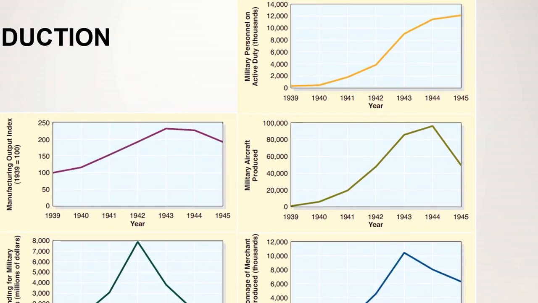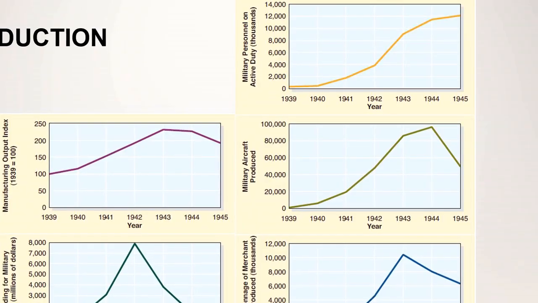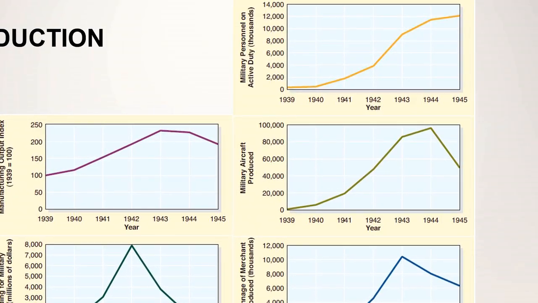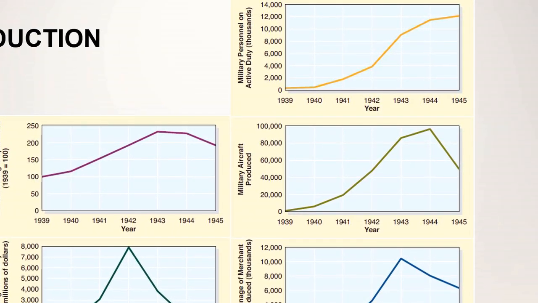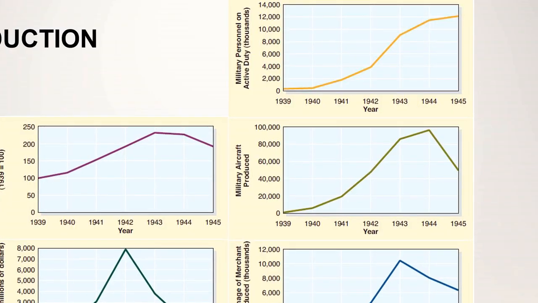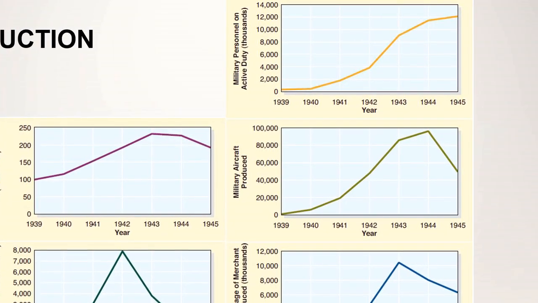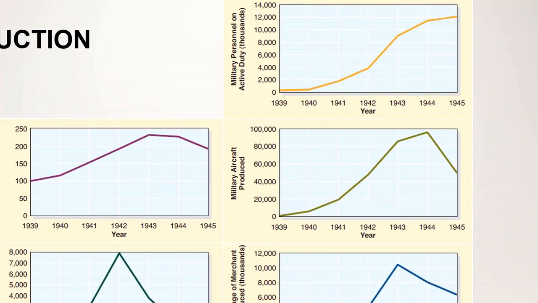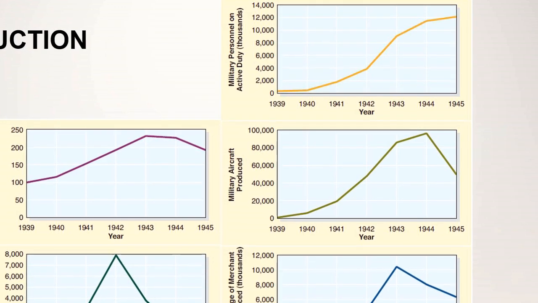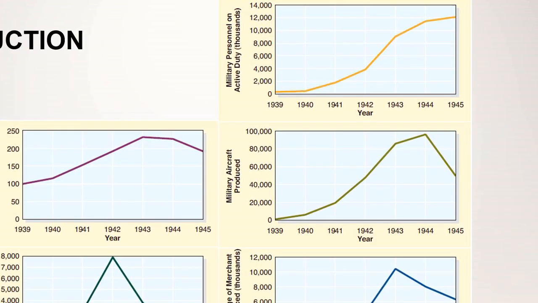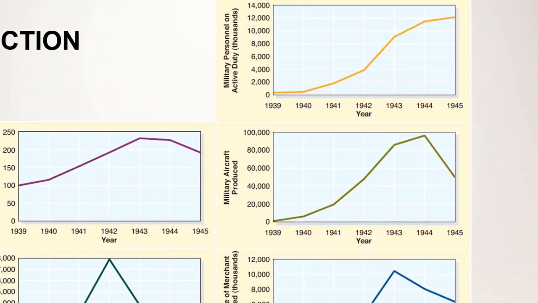Military personnel, you can see before the war, we had a couple 100,000 people. By 1945, we have roughly 12 million people. Now, that doesn't count the numbers who have already been killed or wounded and have left the service for whatever reason. It's about 13 million people are drafted into the military.